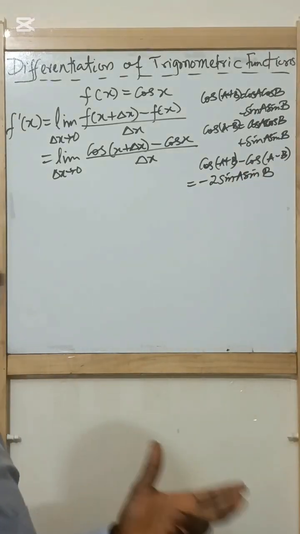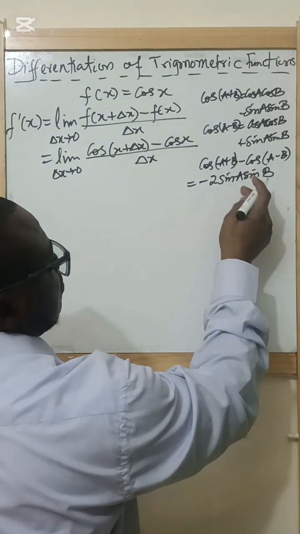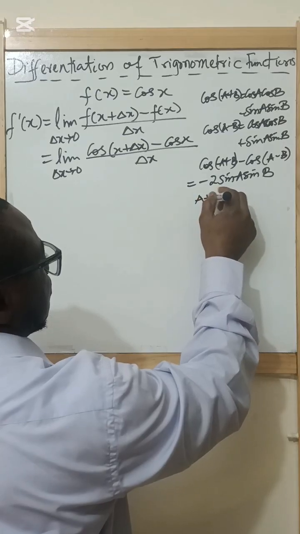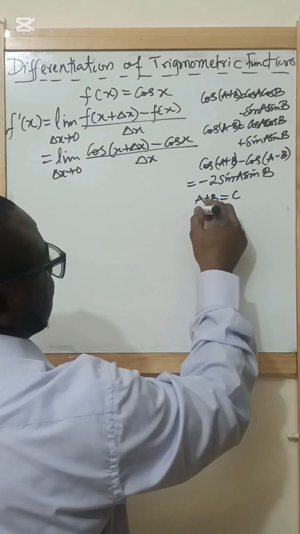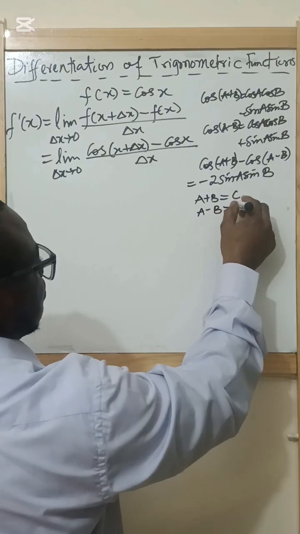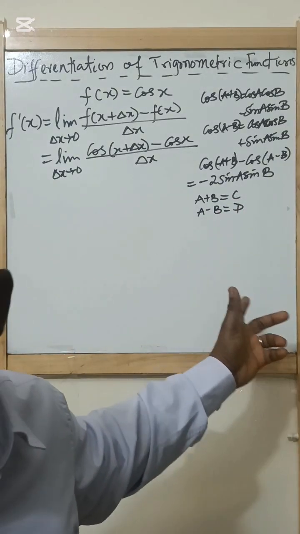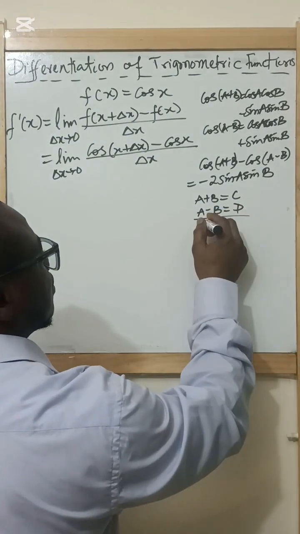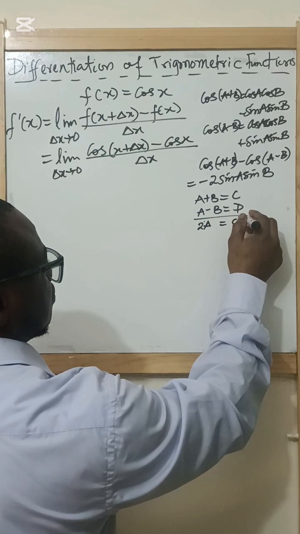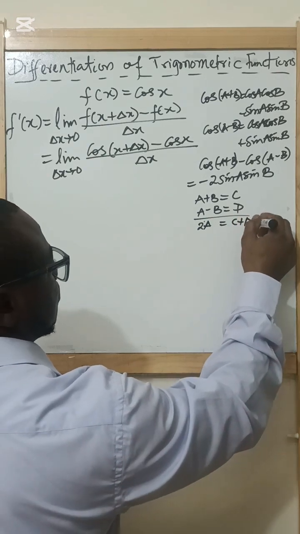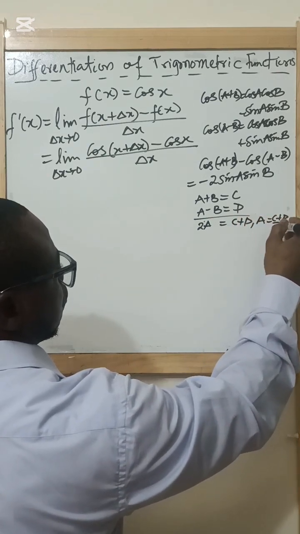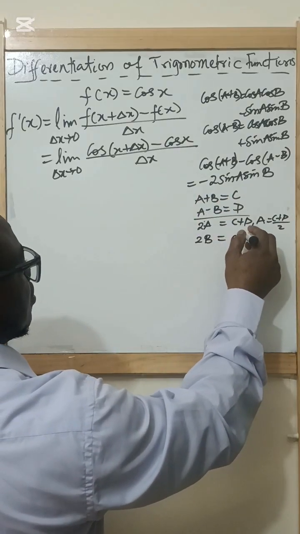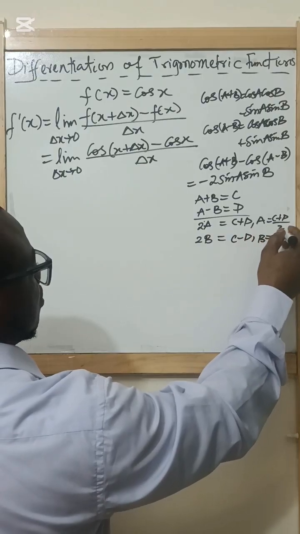Okay? And we know that if we replace this A plus B by C and A minus B by D, right? So what are we going to get? If we add them, 2A will be C plus D, and A will be C plus D all over 2. Then 2B, when we subtract them, will be C minus D, and B will be C minus D over 2.